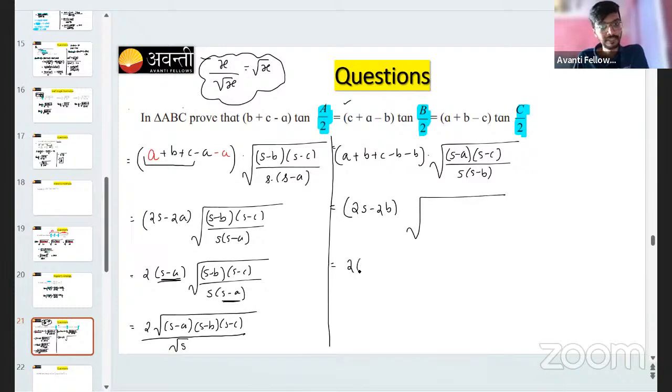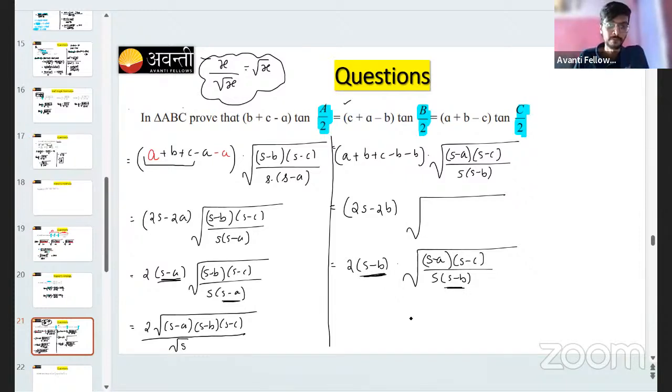I'll take 2 common again. What I'll get? S minus B. And here again the same thing will happen: S minus A into S minus C upon S into S minus B.